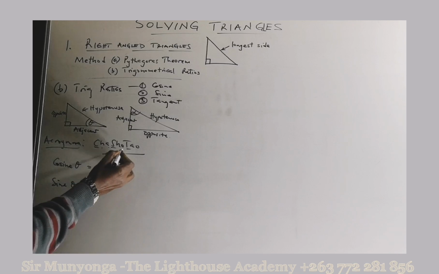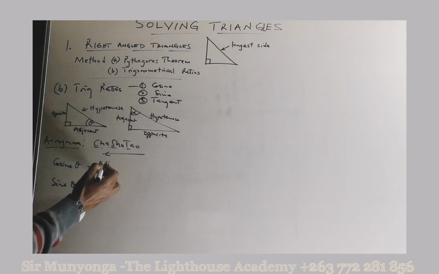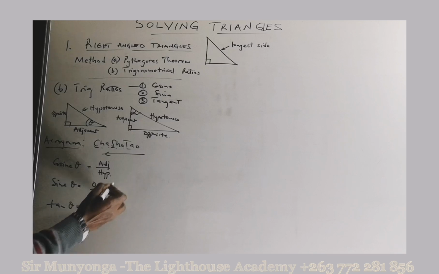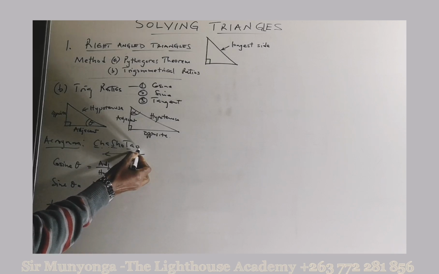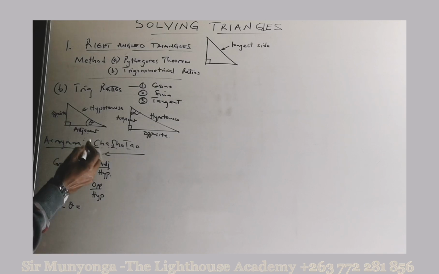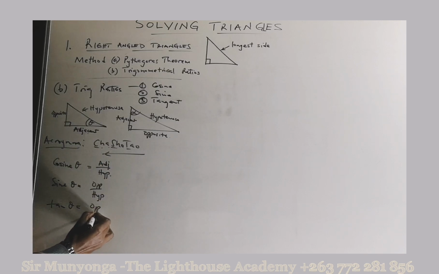Sine theta equals opposite over hypotenuse. Then tan theta equals opposite over adjacent.